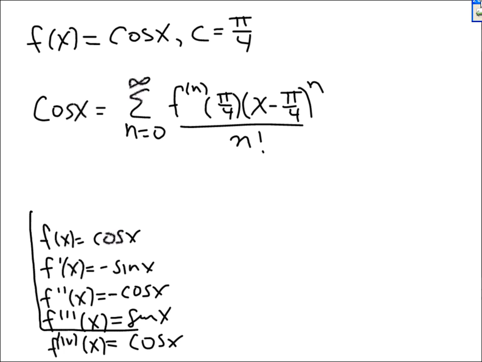That is, this keeps repeating. The next one is the same as the first. The derivative of cosine of x is going to be that. It's just going to keep recycling these four, repeating them.